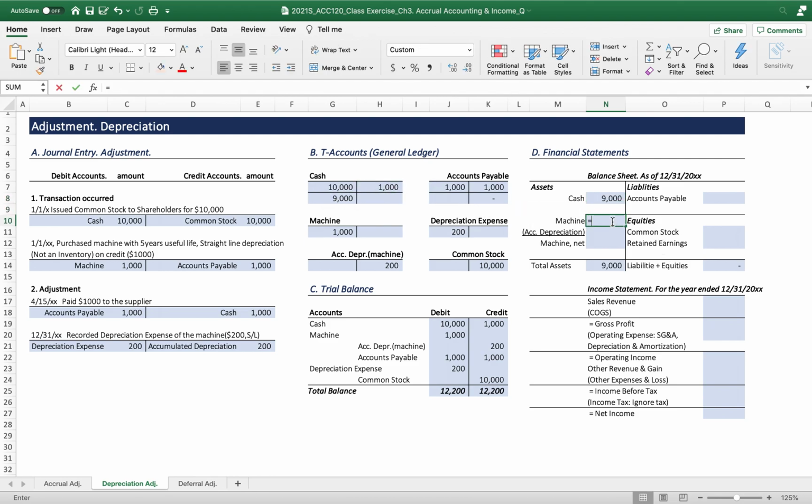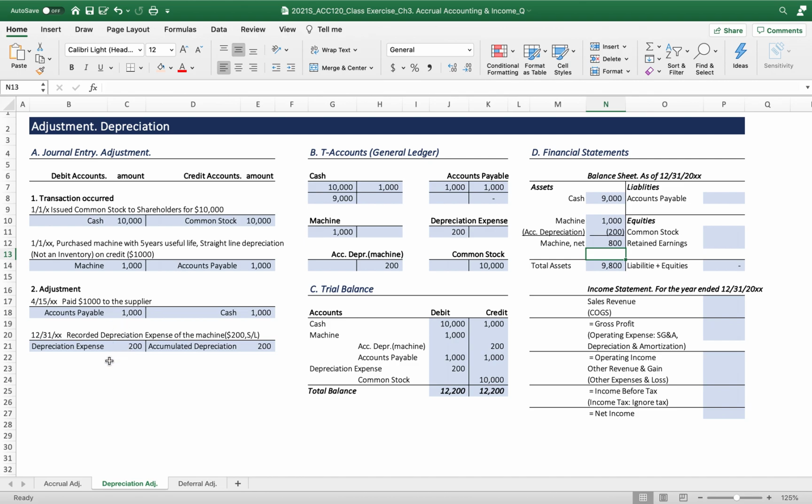Machine 1,000. Now I put the negative because this accumulated depreciation is a contra account that reduces the machine, so on the credit, minus 200. So the machine net value is now reduced by 200 because the company had used the machine for the year.